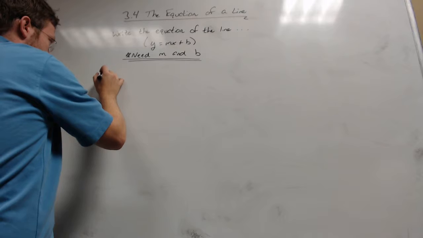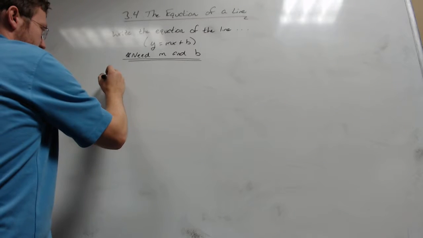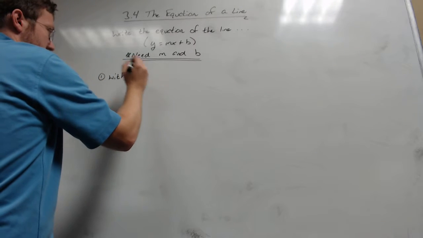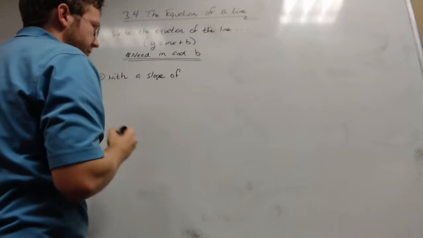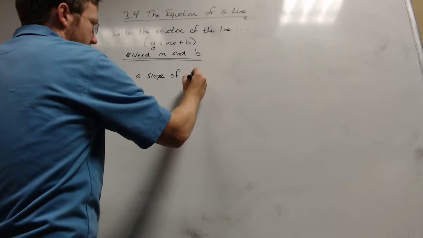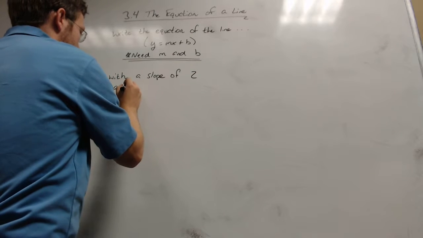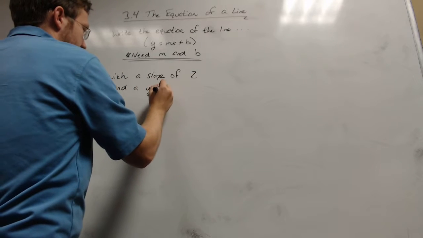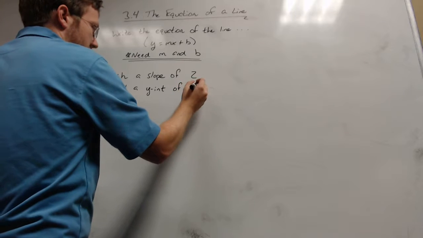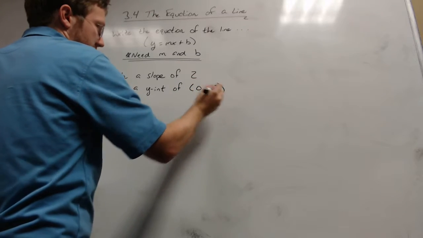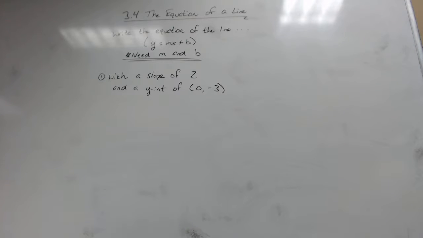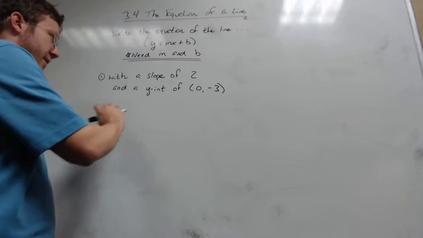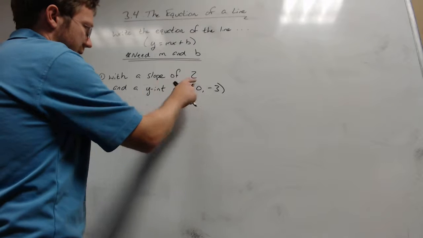So, my first example would be with a slope of 2, y-intercept of (0, -3). This would be the easiest situation possible, little to no work needed, because in this example, I tell you that the slope is 2.